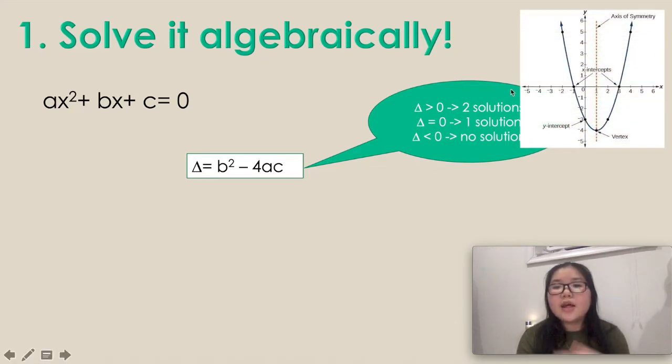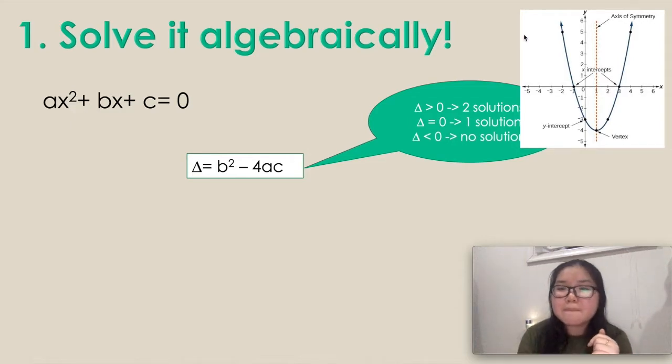So let's see, this is the example for the triangle greater than 0. It will have 2 solutions, and the 2 solutions here are exactly the x-intercepts of the parabola. I will give you more detail about the parabola in the next slide, okay?